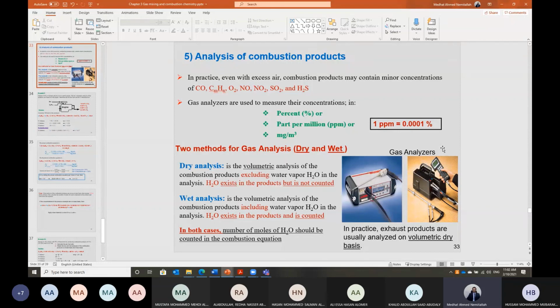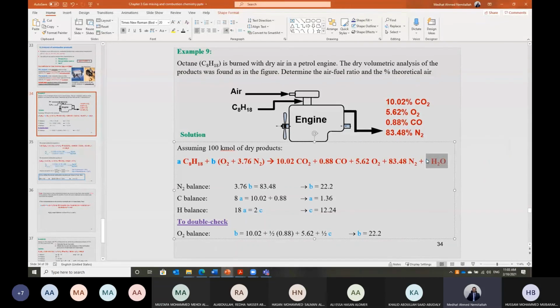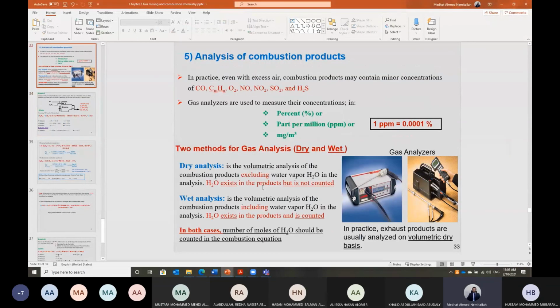So in this case, we can just condense it, and after calculating the mass fraction of all species, we can consider the equation like what we have considered, and we can get the number of H2O molecules in the product as well. So we don't need to consider it, and that's why you will find most gas analyzers are based on the dry analysis. They don't consider H2O.